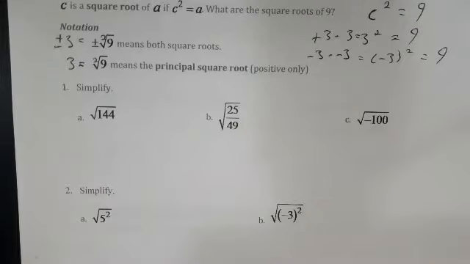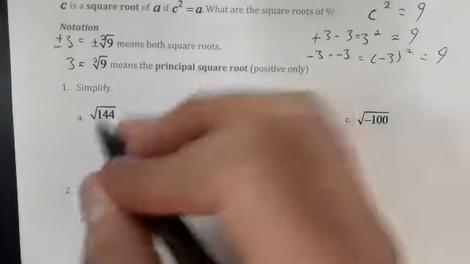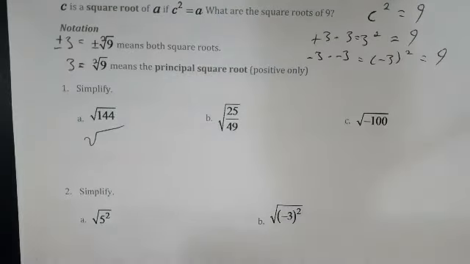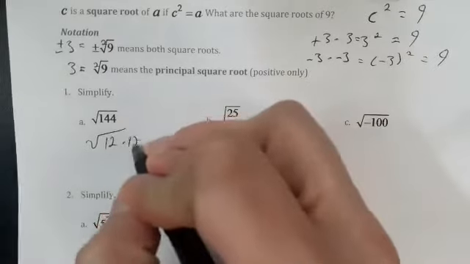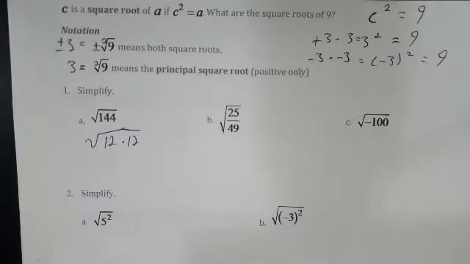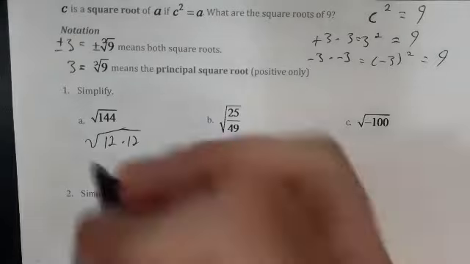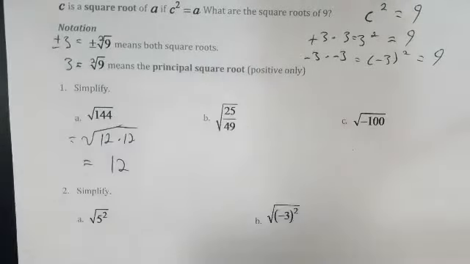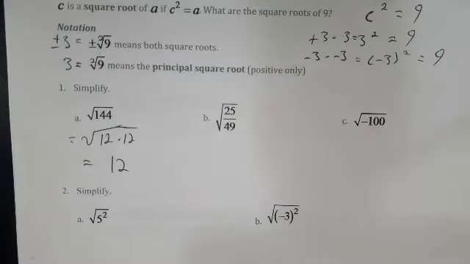So we're looking at these things, and we want to simplify them. 144 is an even root, right? So if we're doing the square root of 144, that's 12. The ones they are giving you at first are all going to be even roots.